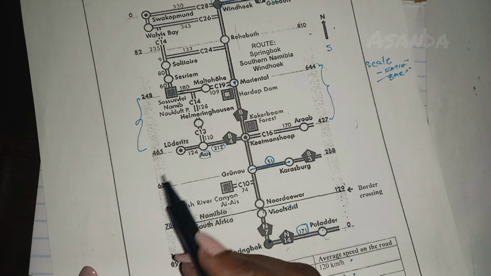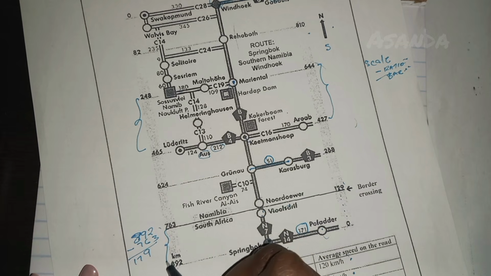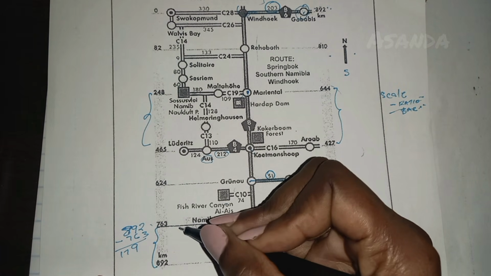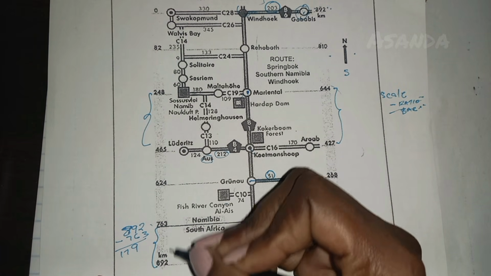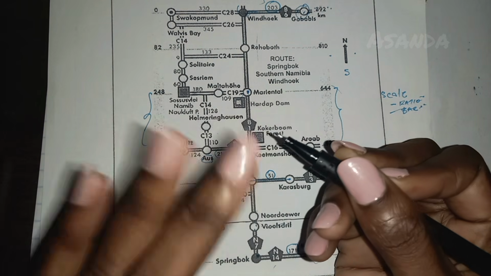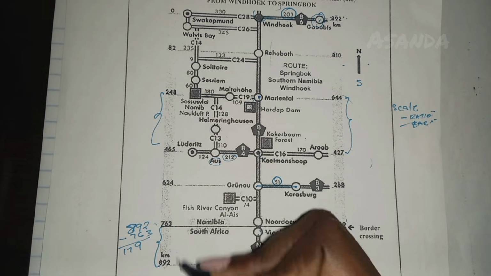Very easy. 892 minus 763, you get 129, and that's how you get the distance between the two towns, because that's not 0. I'm not going to count on my fingers 664, 665, 666, there are too many. I'm just going to subtract the two and get the difference.